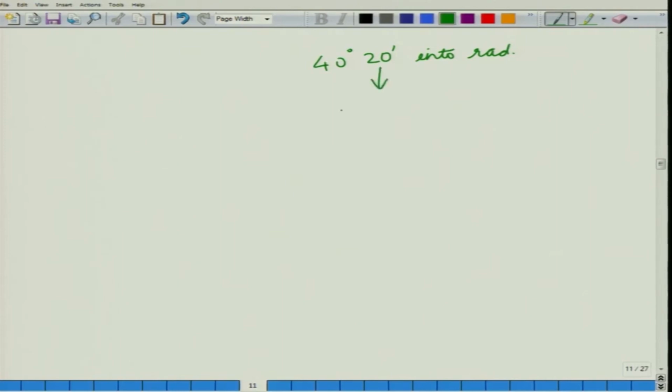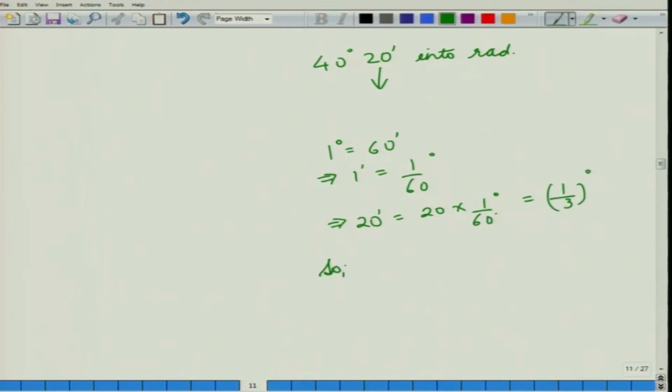First of all, we convert 20 minutes into degrees because we want everything to be in degrees. Now, 1 degree is equal to 60 minutes. So, 1 minute is equal to 1 by 60 degrees. So, 20 minutes is equal to 20 into 1 by 60 degrees, which is 1 by 3 degrees.